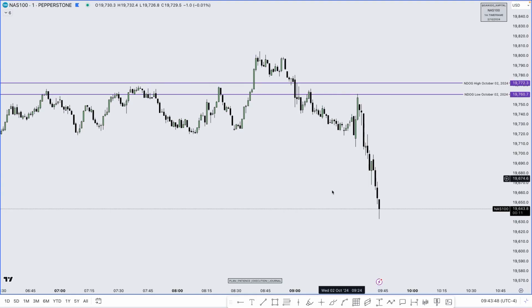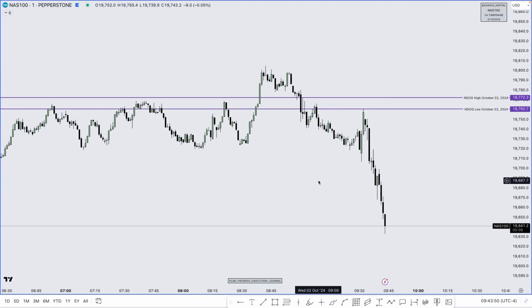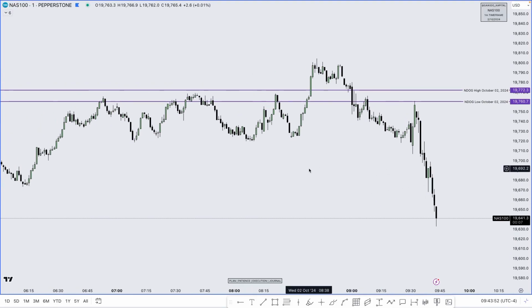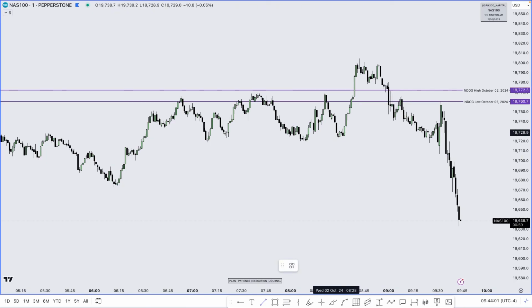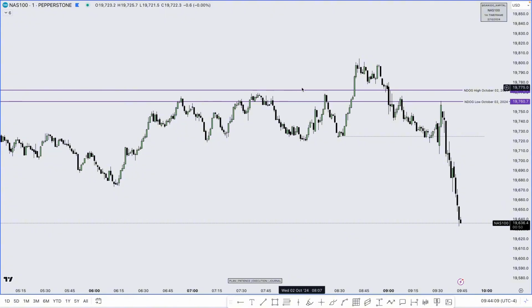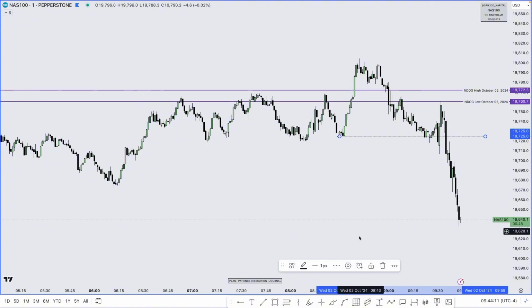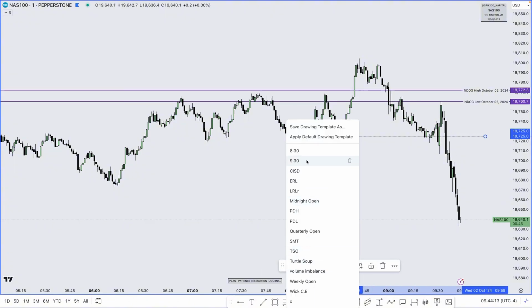Beautiful stuff. Okay, so now comes the 830 model, which is like one of the easiest as well. But basically what you do, to sum it up, you look at the opening at 830. So what you want to see is 830 run all the way up to clear some buy side liquidity, relative equal highs, and then you want to see 930 deliver the opposite.